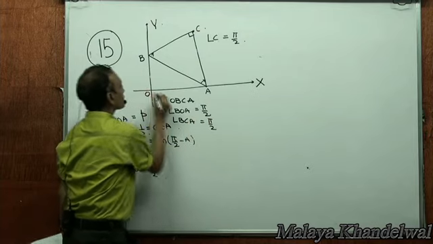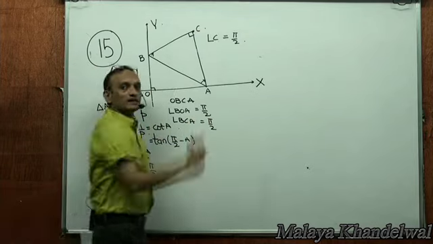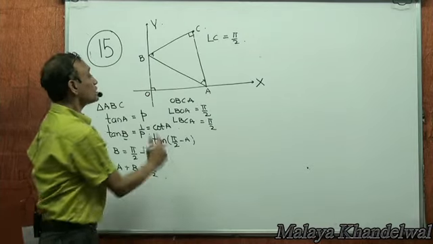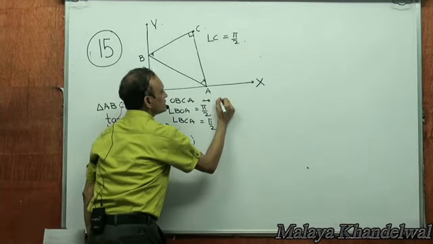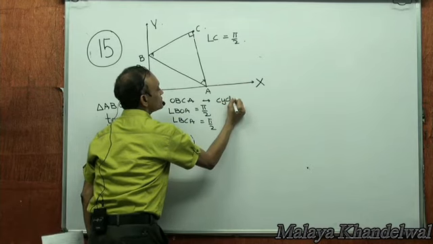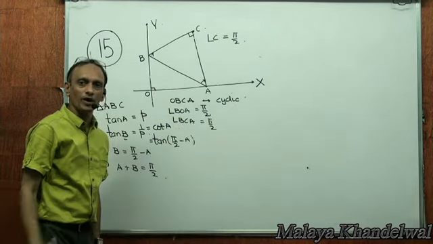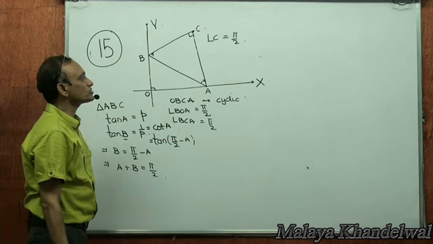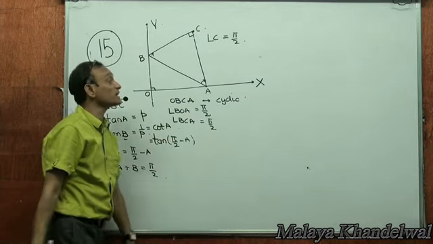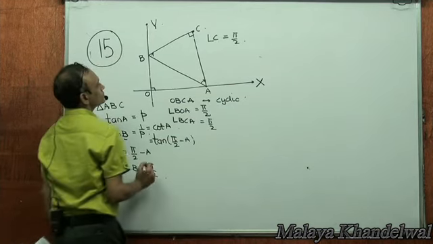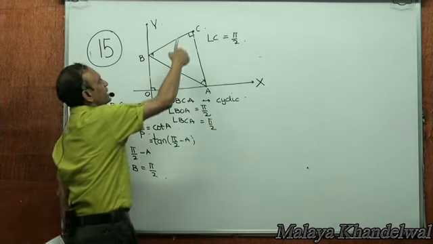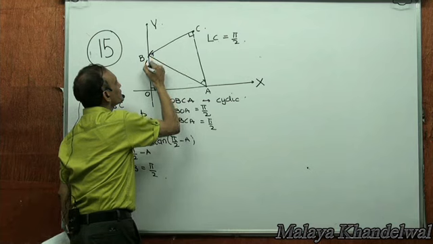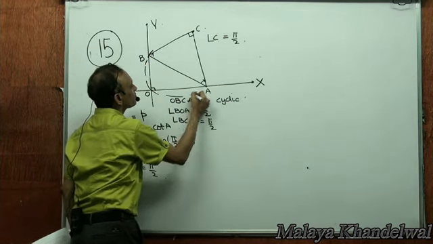Very clearly, this angle plus this angle is 180 degrees. So what's the nature of this quadrilateral? It's a cyclic quadrilateral. How about it? Does it make sense to you? All right. Now that it's a cyclic quadrilateral, it's the same circle that passes through O, A, B and C. Let me see if I can draw a circle dignified enough.